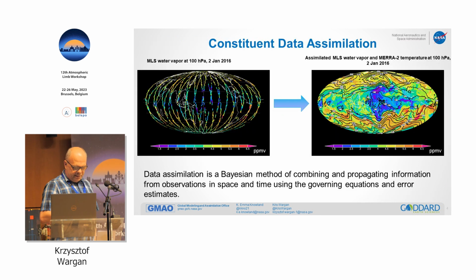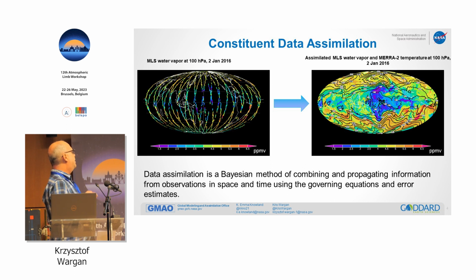All our systems are based on data assimilation. There's a very quick spiel on what data assimilation for constituents does. Essentially, it turns this picture on the left into the picture on the right. We have, in this case, MLS water vapor observations just collected from one day.